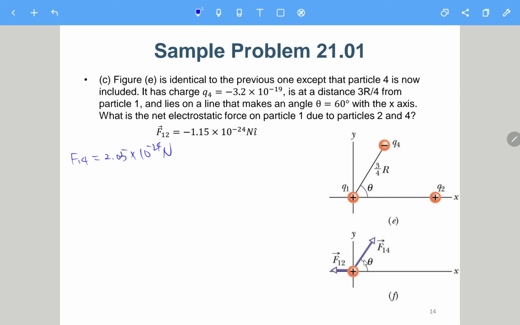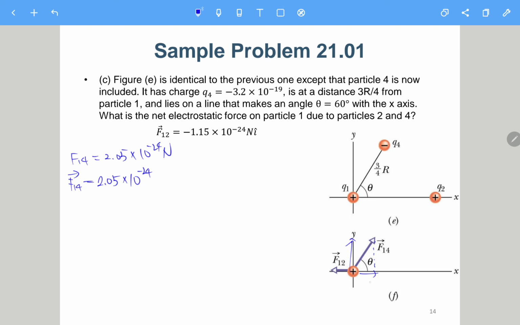So in this case, F14 is actually 2.05 times 10 to the minus 24. So you need to decompose it over the x-axis and y-axis.